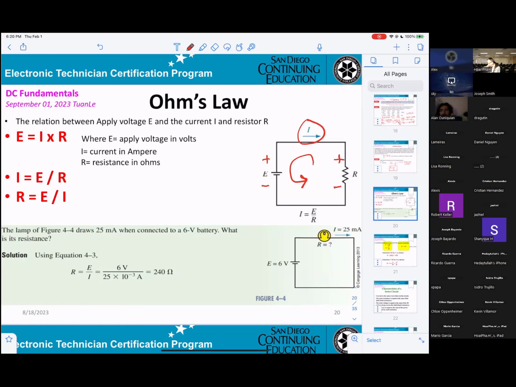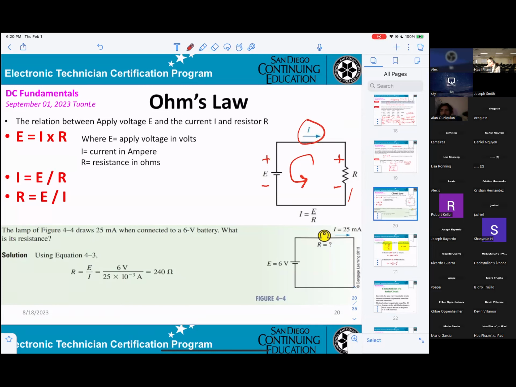However, we are not talking about electron movement, we're talking about conventional current, which is exactly the same. We are using conventional current, which means the current is always flowing from positive to negative.